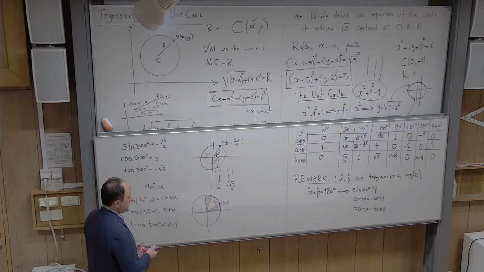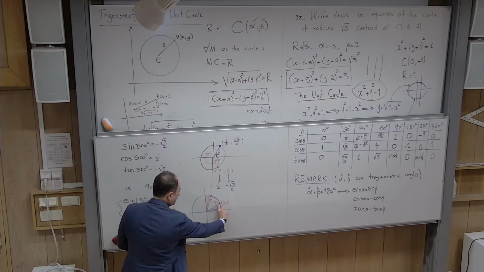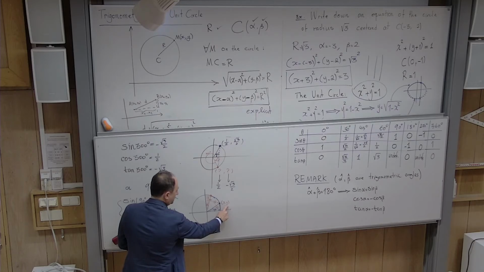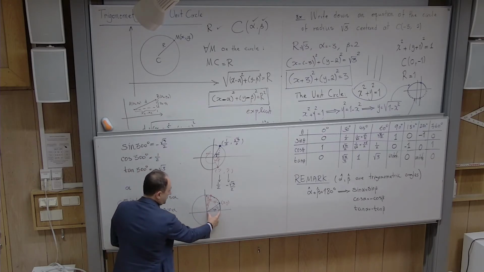Okay? So what happens? This length is equal to this length, but this length is equal to this y, so this length is also y. And then this length is x, so this length is also x.